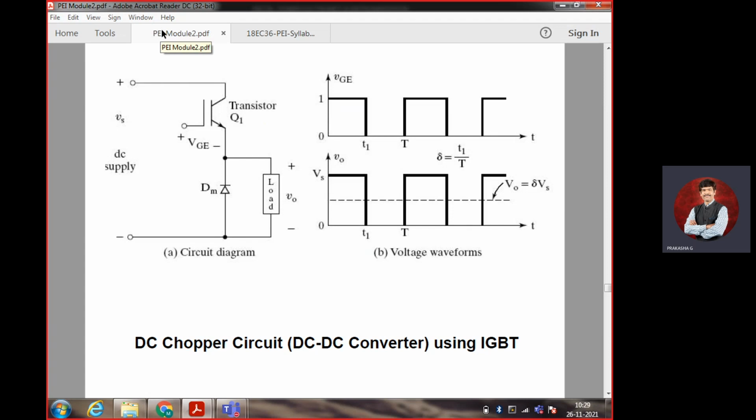So my output voltage is the same as the supply voltage up to some time T1. Up to T1 it is on, so I have one T on there. Then up to T, it's off. Then once again it's going to be on, once again it's going to be off. It's going to be repeated.